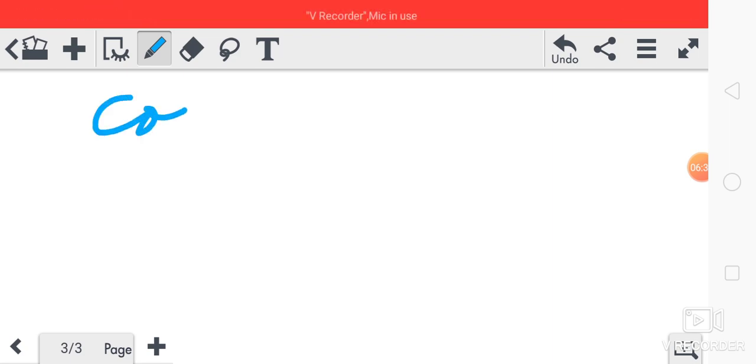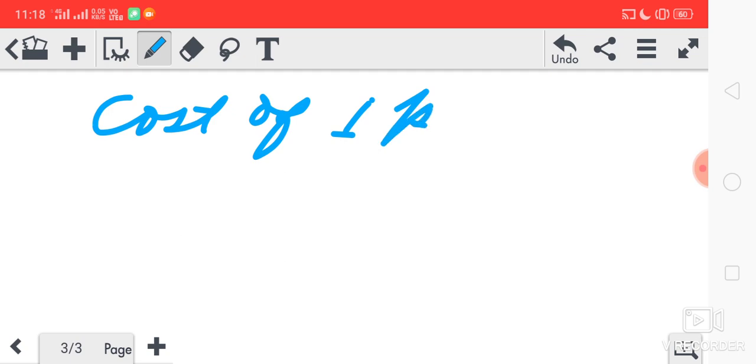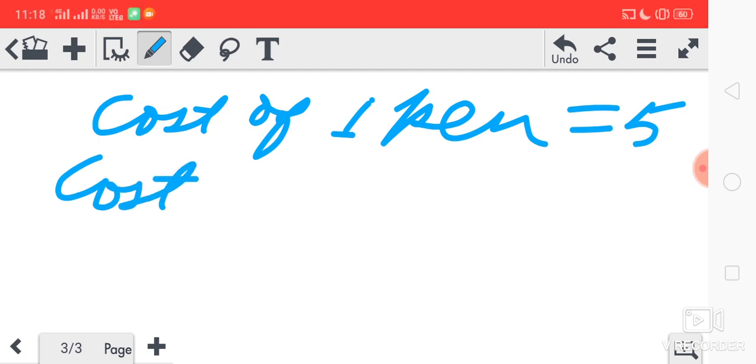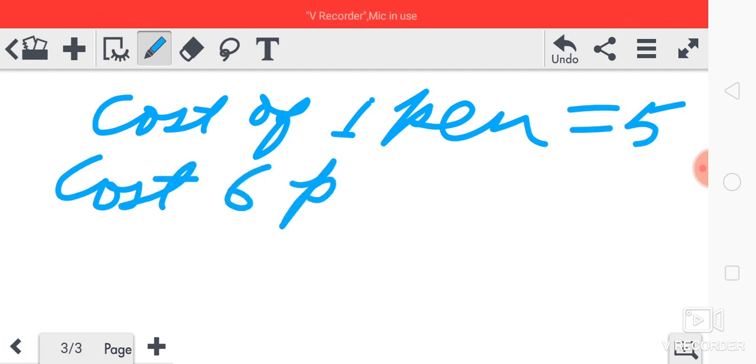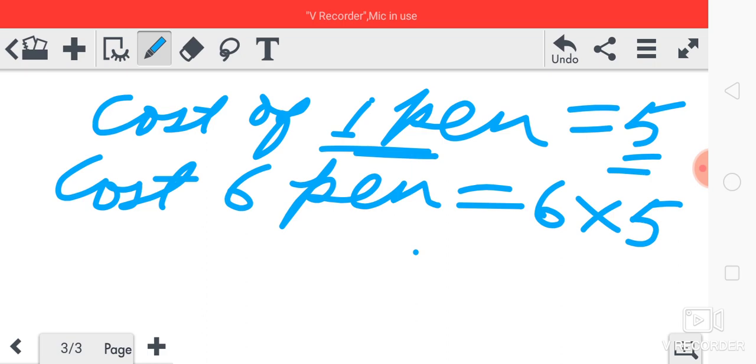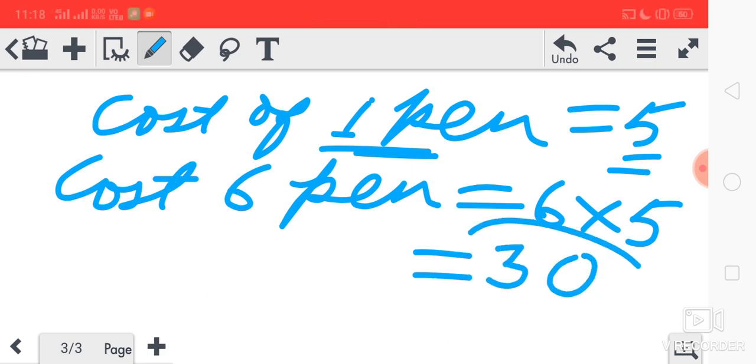Now cost of 1 pen is given as 5 rupees. Then cost of 6 pens will be equal to how much? 1 pen costs 5 rupees, so 6 pens cost 6 into 5. How much will we get? 30 rupees, isn't it? This way we got it.